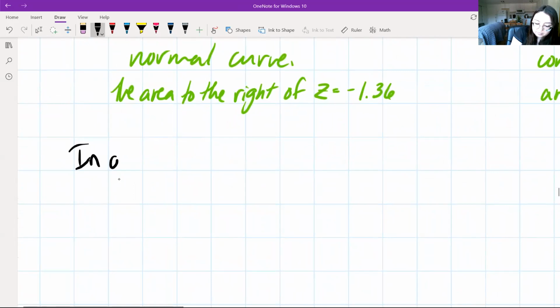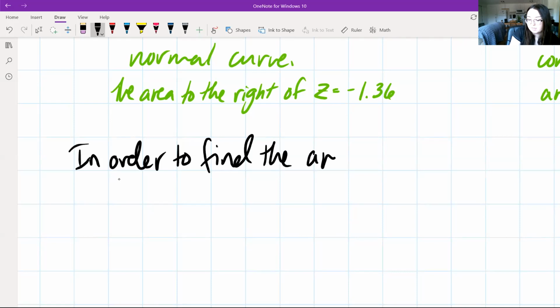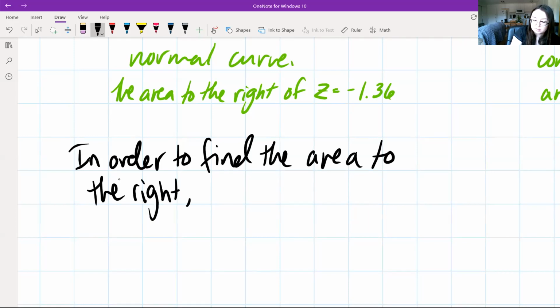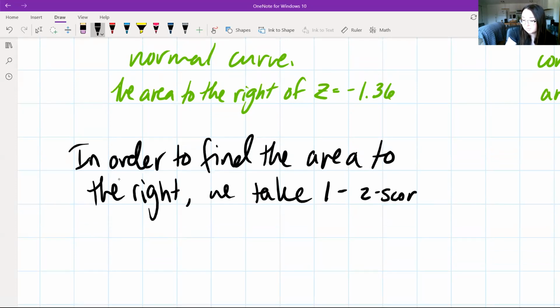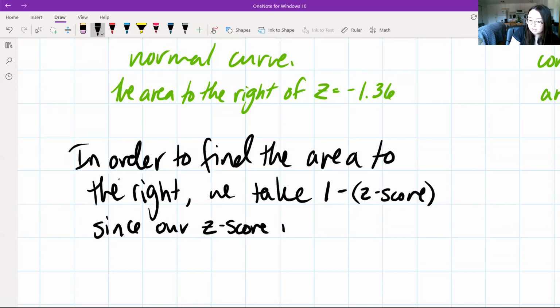to find the area to the right, we take 1 and subtract our z-score, since our z-score is taken from the left.